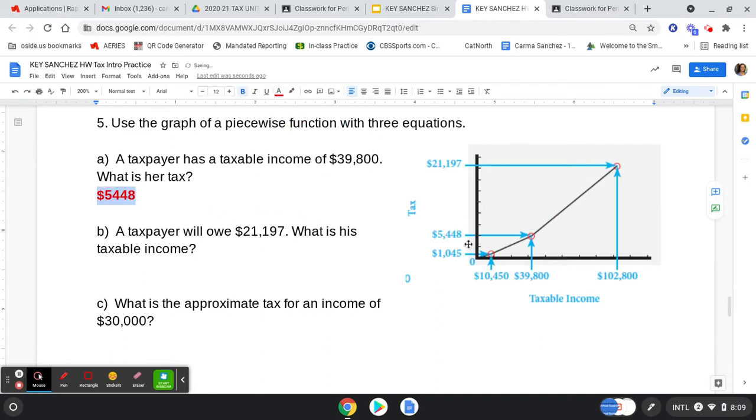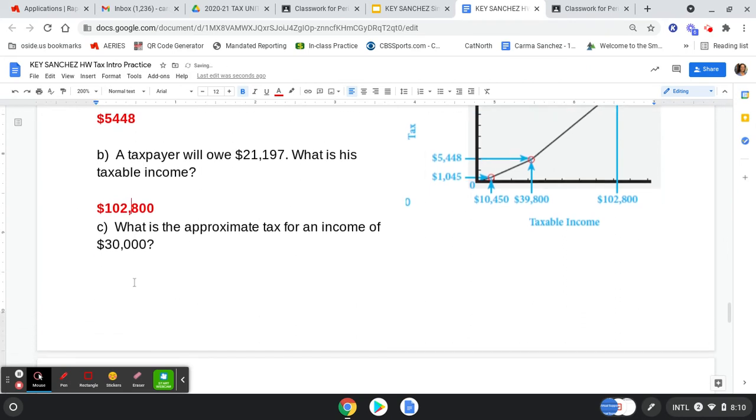So that's our tax amount that's being given as this output. So go up to the top, see the $21,197, follow it across and look down to the matching income of $102,800. $102,800 is our matching income. So given an input, find an output. Given an output, find an input.